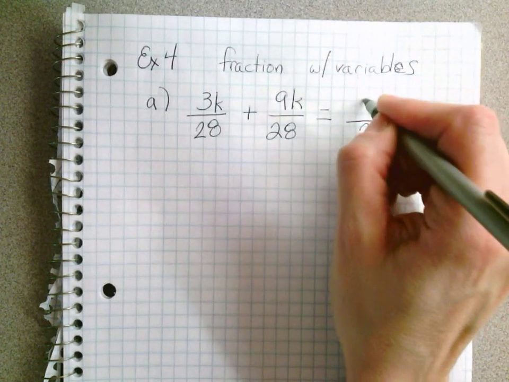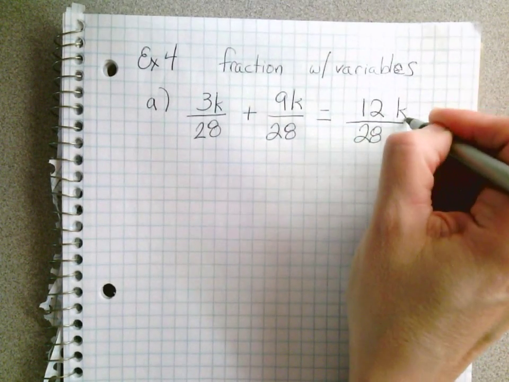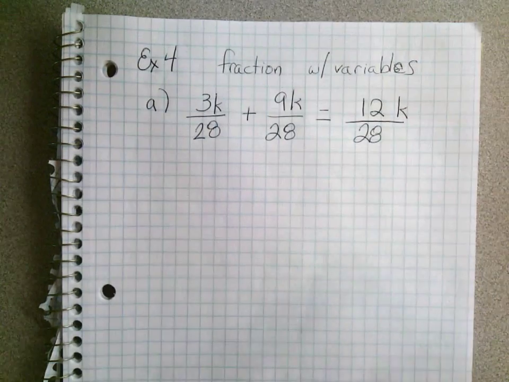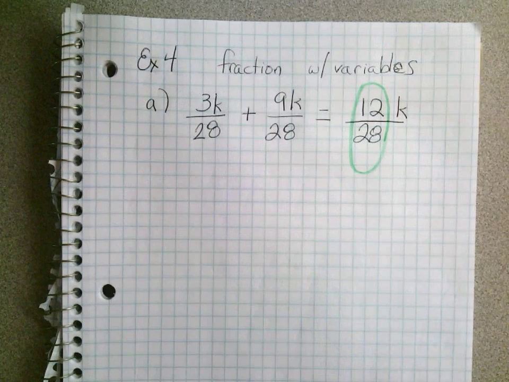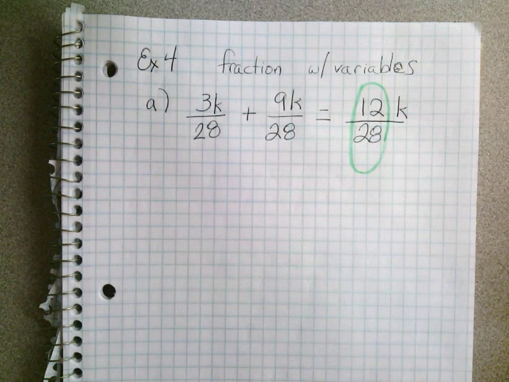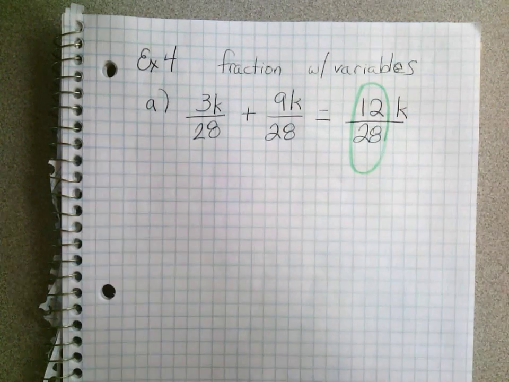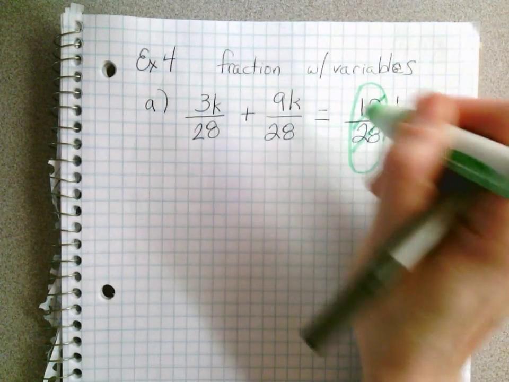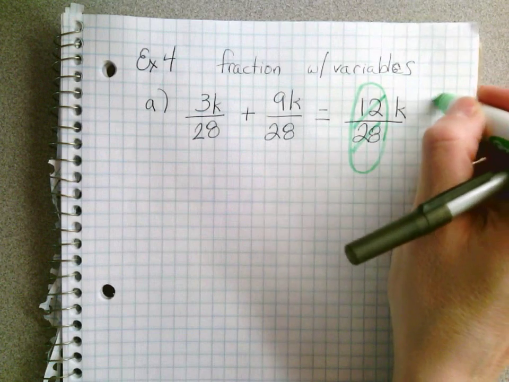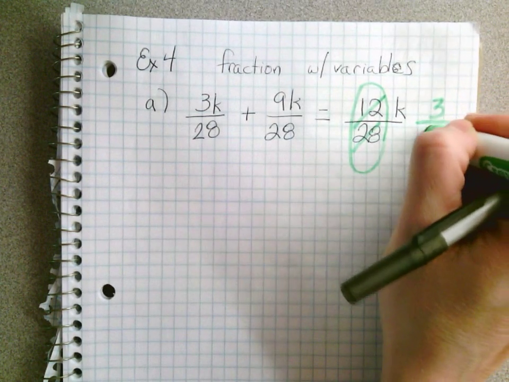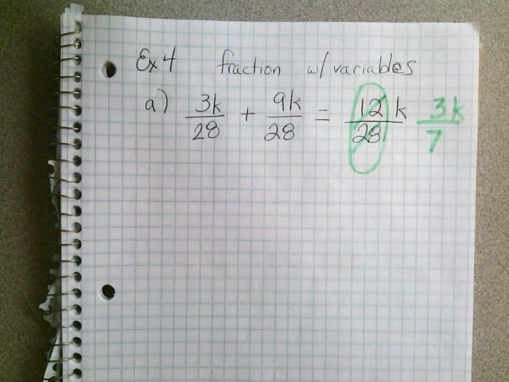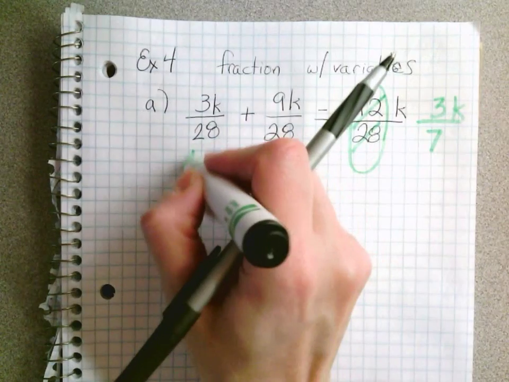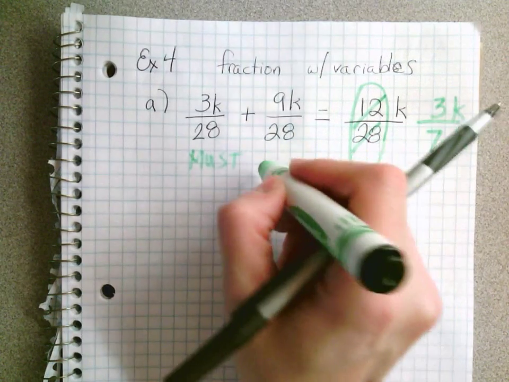Yep. Now here's where it gets a little bit tricky. Do you guys remember how we reduced this kind of a thing? 12 and 28. What can that reduce by? 4. By 4. So this becomes a 3. That becomes a 7. And the k stays right where it's at. You must reduce where possible.